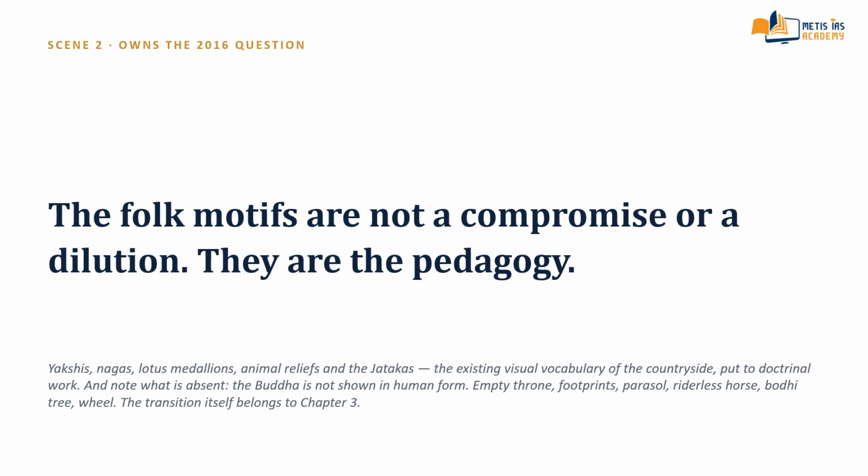This is the 2016 question, 200 words and 12.5 marks, a 5 marker question. What is that question? Early Buddhist stupa art, while depicting folk motifs and narratives, successfully expounds Buddhist ideals. Elucidate.